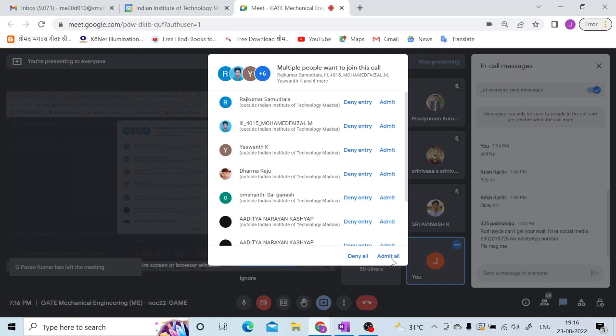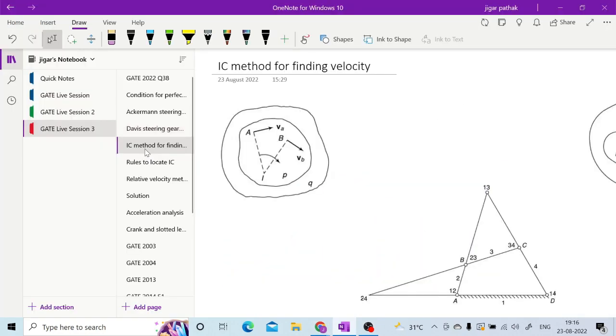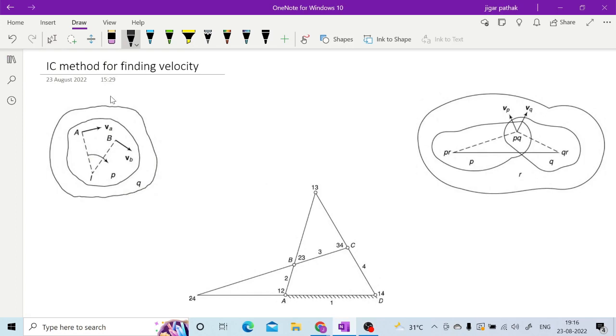Once you are done with this, we can start with our main topic today, that is displacement, velocity and acceleration analysis. There are various methods. The first method we are going to see is the instantaneous center method, for drawing your velocity diagrams and all.